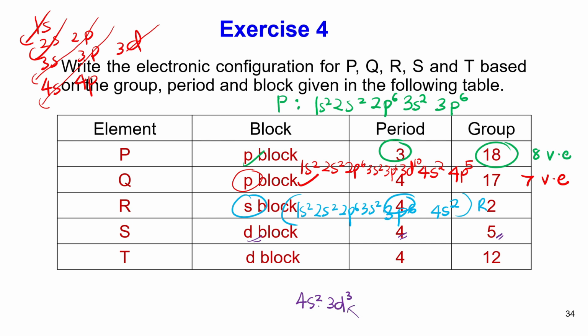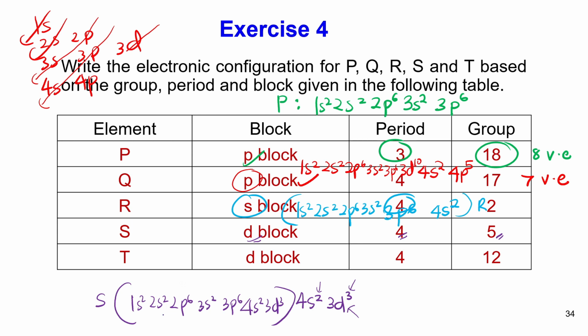Period 4 refers to the highest principal quantum number for S. Group 5 refers to 2 electrons from 4s and 3 electrons from 3d. So we write the full electronic configuration: 1s2, 2s2, 2p6, 3s2, 3p6, after 3p6, 4s2, after 4s2, 3d3. So this is the electronic configuration for element S.